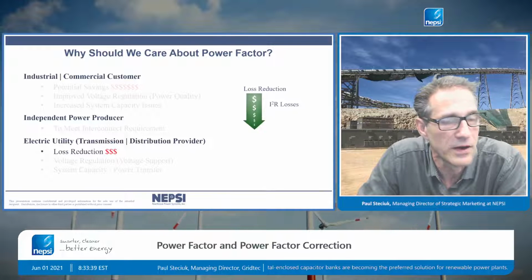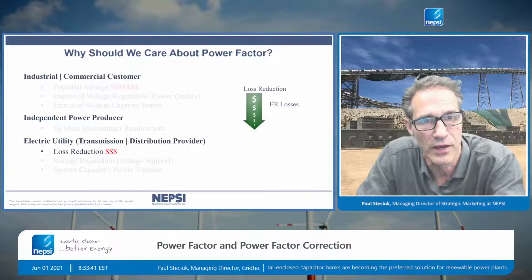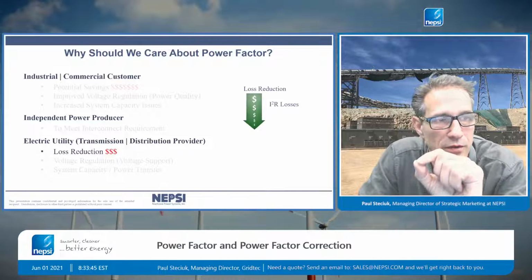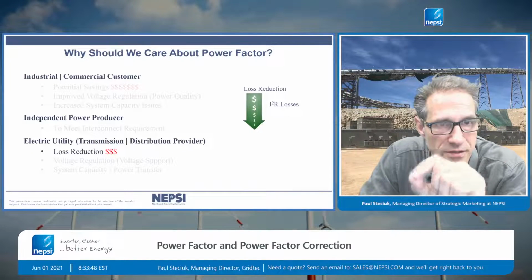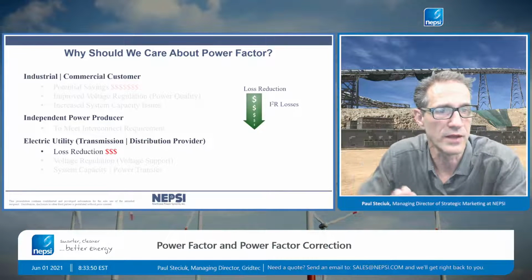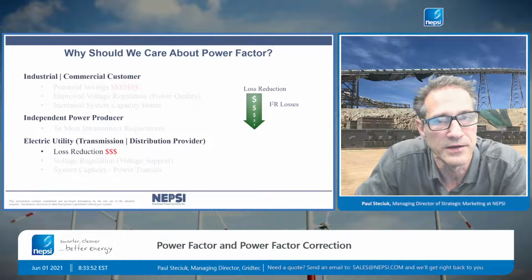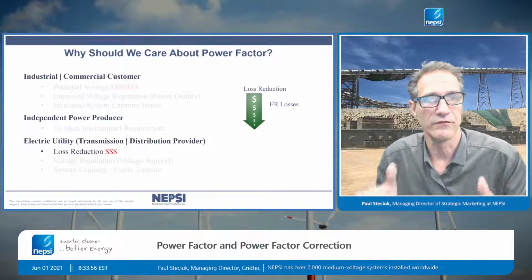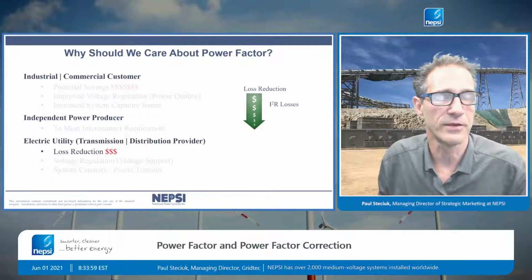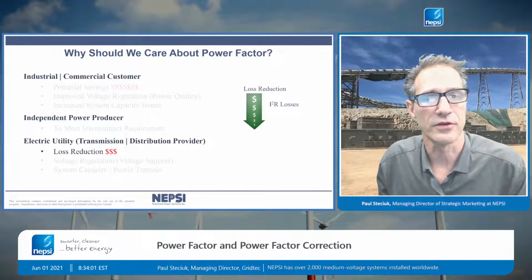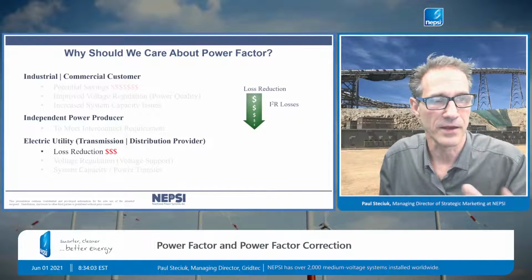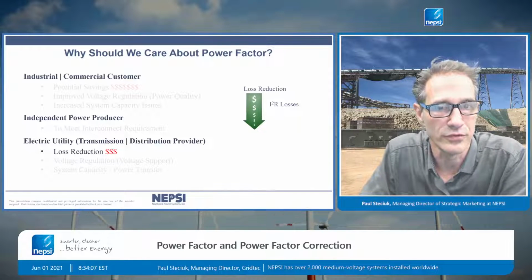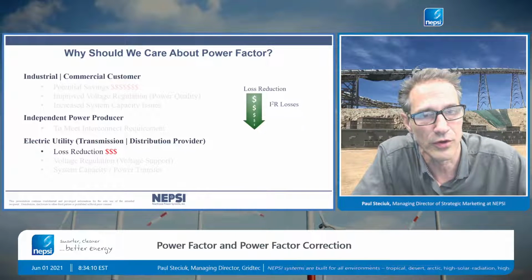If we're pushing more current through the line because of the poor power factor, it's I squared R, I squared times the resistance of the distribution line. If I can reduce I, I reduce losses. So they can install a very simple pole mount capacitor bank out on a distribution line somewhere. They can reduce I at that location and back towards the source, and subsequently reduce I squared R losses.